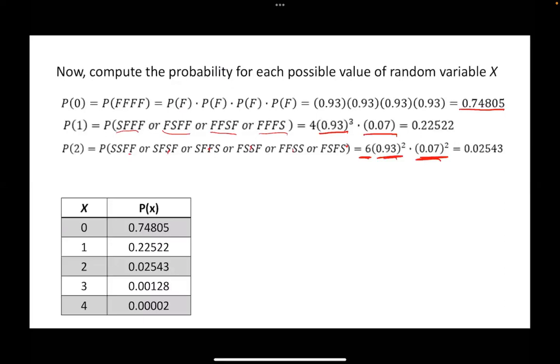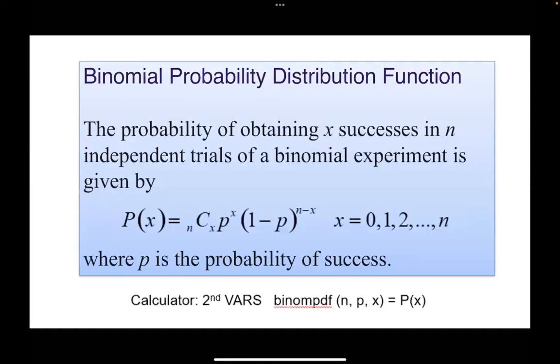Questions on anything with me building that? I'm not going to make you build one of these either. I'm just showing you the math, as I said, and your calculator's going to do all the fun stuff for you. Okay. So this right here is the actual formula.